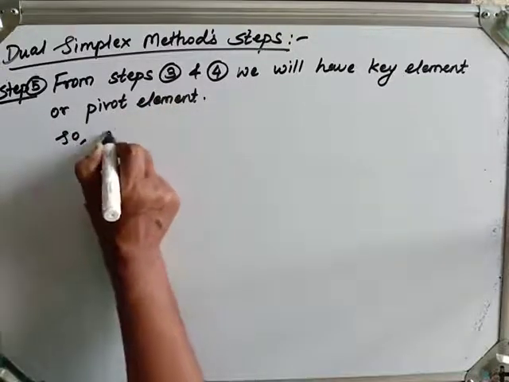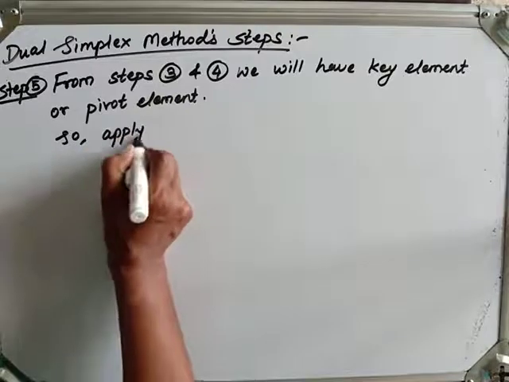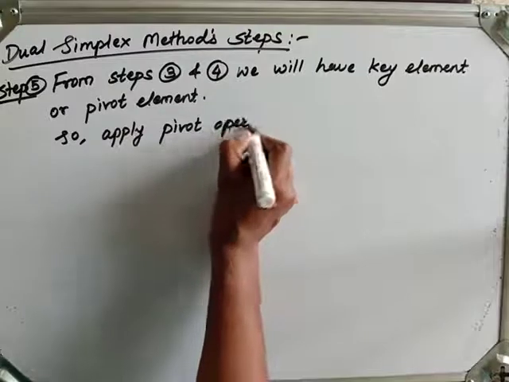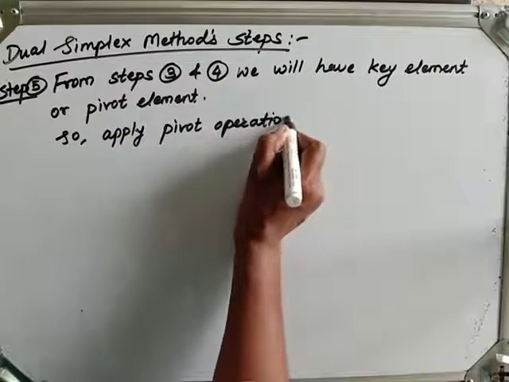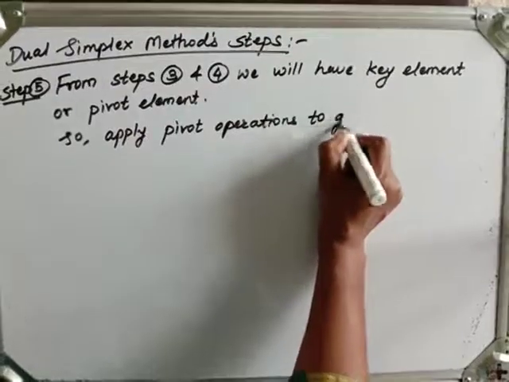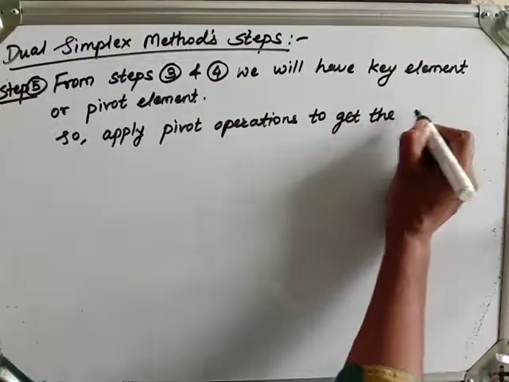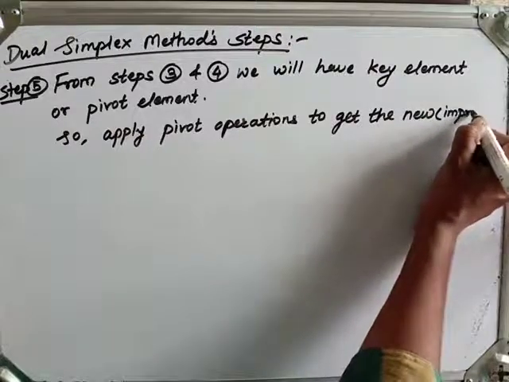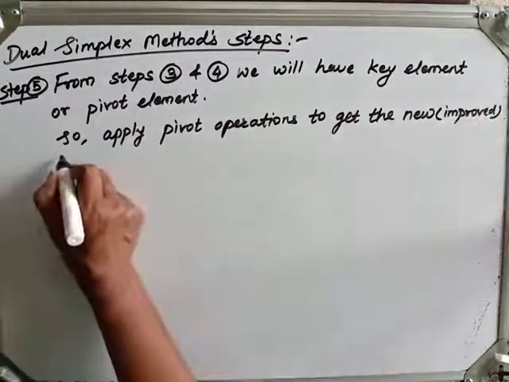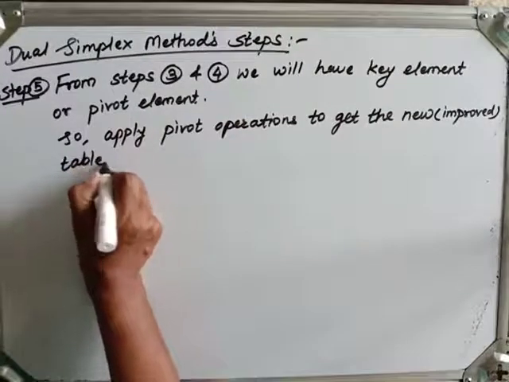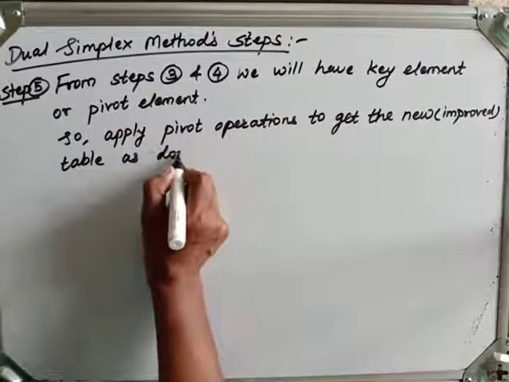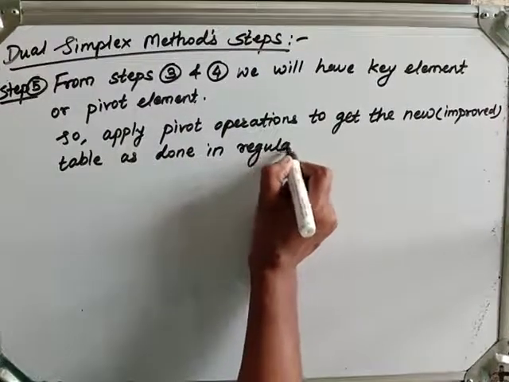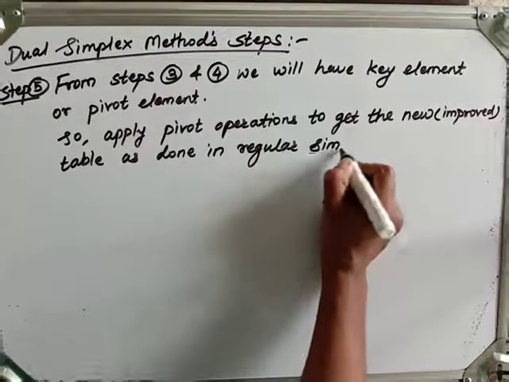So apply pivot operations to get the new, improved table, as done in the regular simplex method.